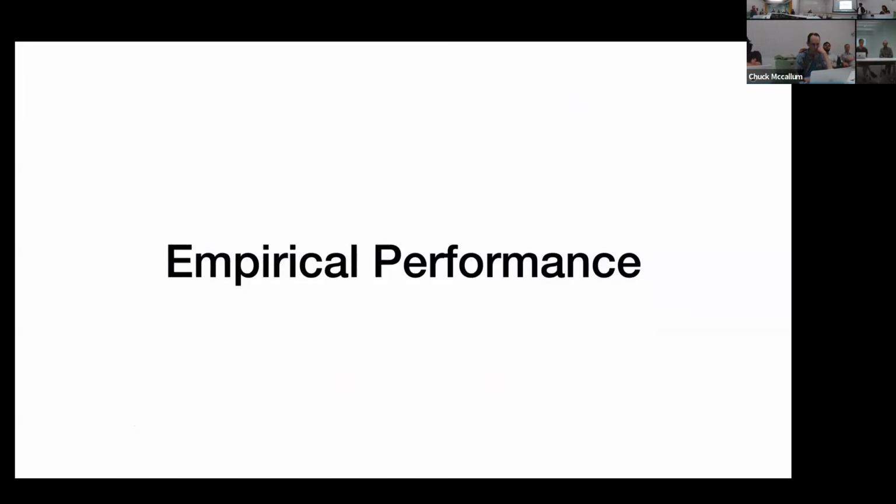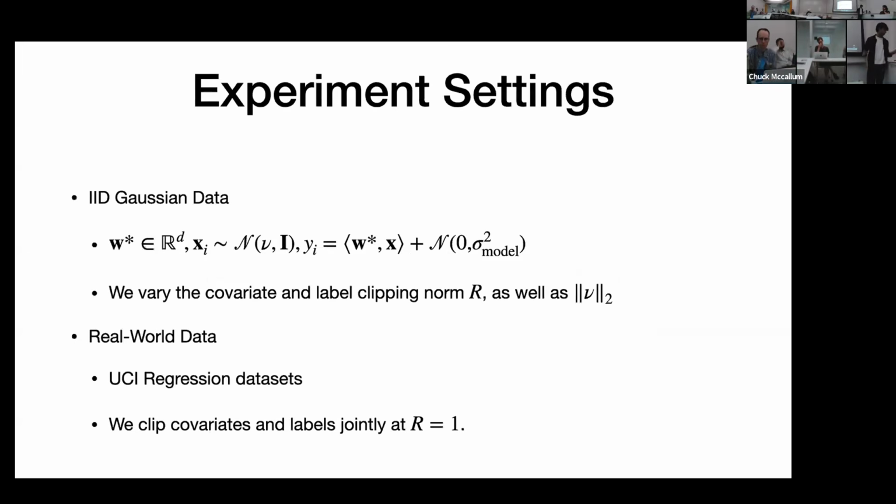So the last part of stuff that I'm going to talk about today is related to the empirical performance of all these algorithms. First, just to make sure that we're all on the same page in terms of these experiments, the first setting involves IID Gaussian data, or synthetic data. I know that's kind of a hot word these days, but it's not that kind of synthetic data.